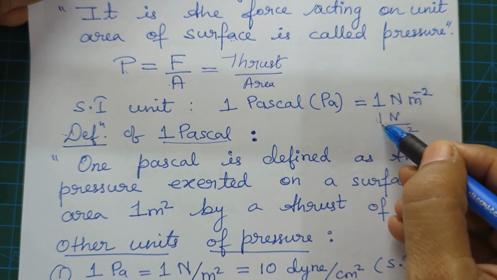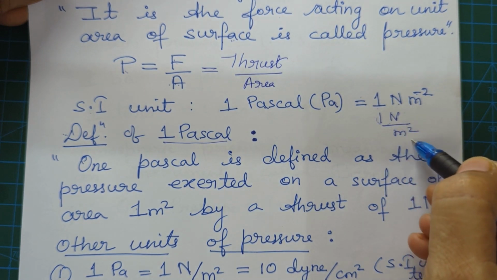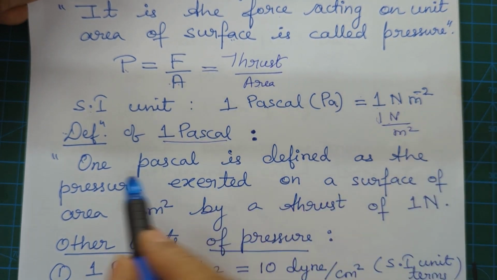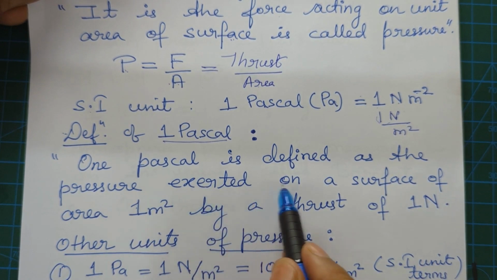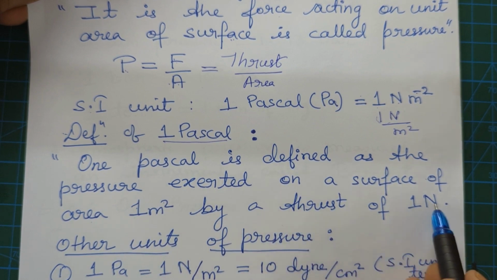Whenever 1 Newton of force is applied on a surface of 1 meter square area, then the pressure applied is 1 Pascal. 1 Pascal is defined as the pressure exerted on a surface of area 1 meter square by a thrust of 1 Newton.